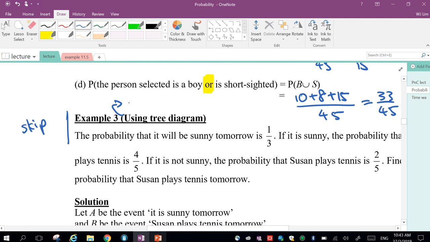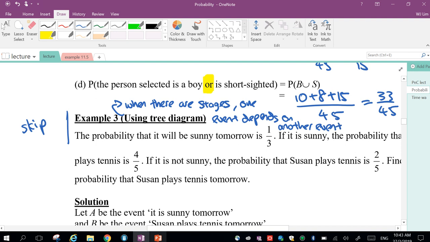You do tree diagram when there are stages, and one event depends on another event. Sorry, I have no space.